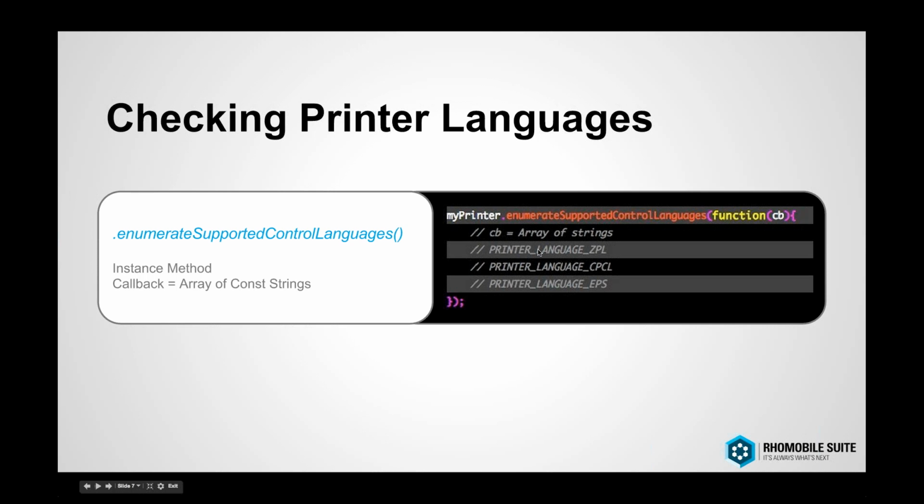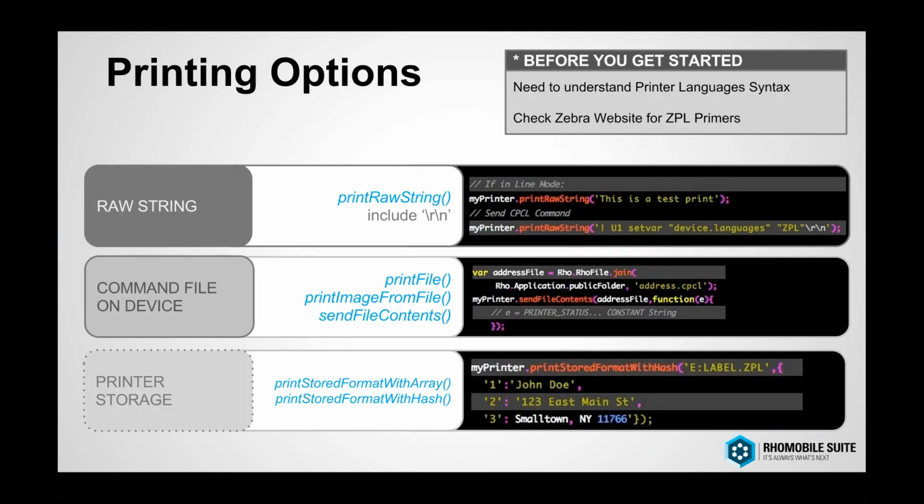These strings are again constants in the printer documentation, which we'll look at a little later when we look at the documentation page. There are quite a few constants, and they all start with PRINTER_LANGUAGE underscore. So this is what is returned in this method.